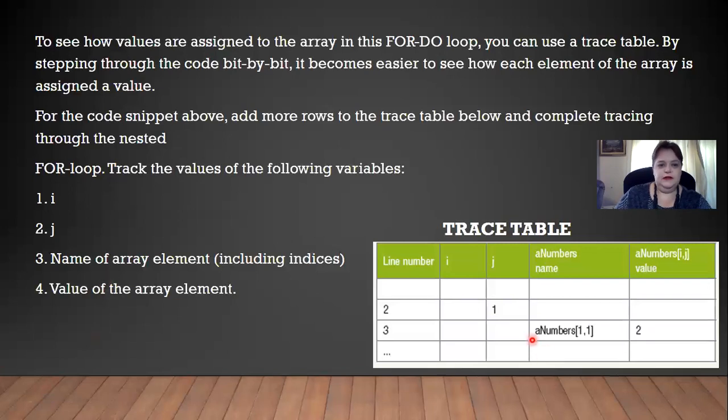Line 3 is the name of the array element, including my indices. So I'm saying from the first element from position 1. And then line 4, if I carried on, with the value of the array element. So it's really important that you are able to work through a trace table.